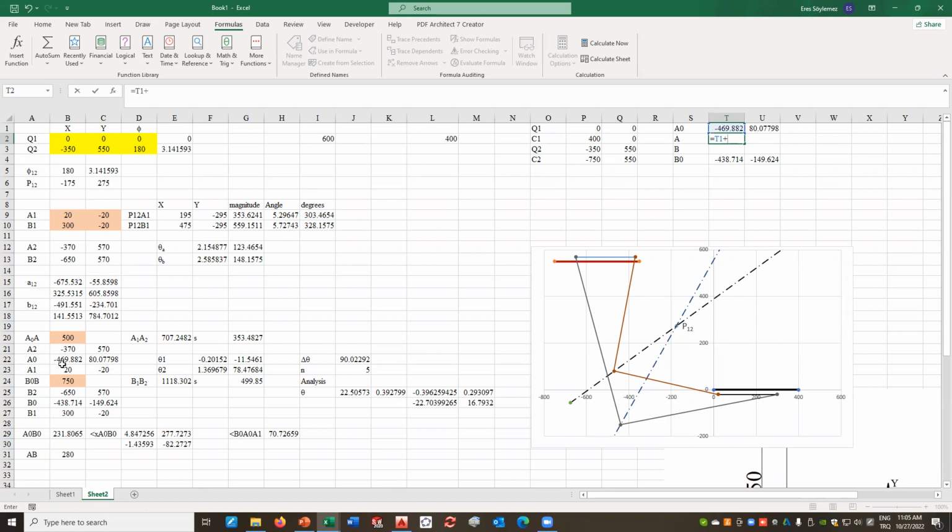Plus, to that, I have to add A0A length times cosine of the angle. This angle is plus theta 1. Am I correct? Yes, that's correct.